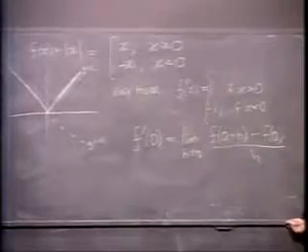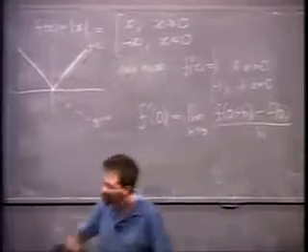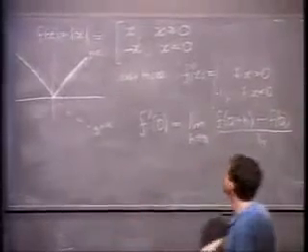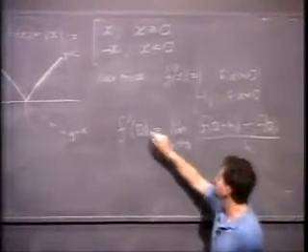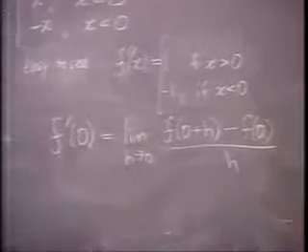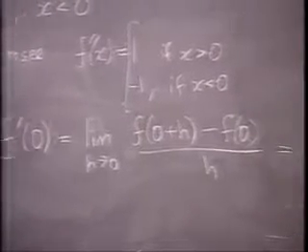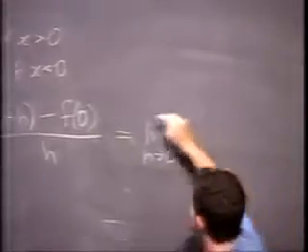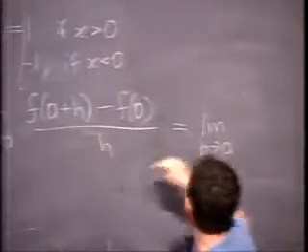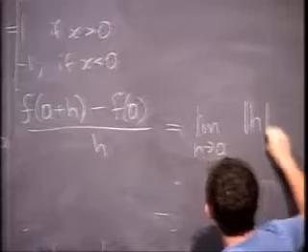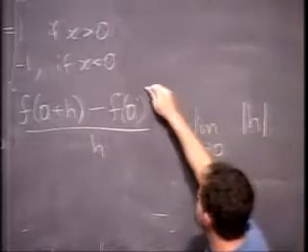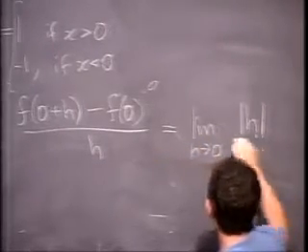How come I've got these zeros? Well, if you look at the definition of f prime of x on that previous board, all I did was replace the x's by 0. So in this particular case, I get the limit as h goes to 0. F of h is the absolute value of h. F of 0 is just 0. And so we get this.